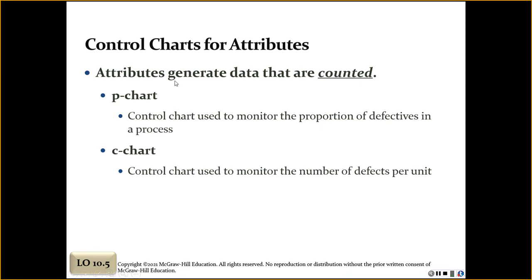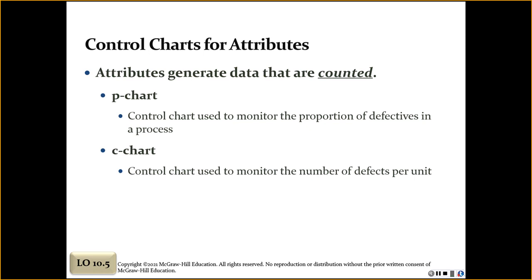Okay, the control charts for attributes, again, there's two charts. We have the P chart and the C chart. You would use the P chart when observations can be placed into two different categories. Examples of that would be good or bad, pass or fail, does it operate or does it not operate.